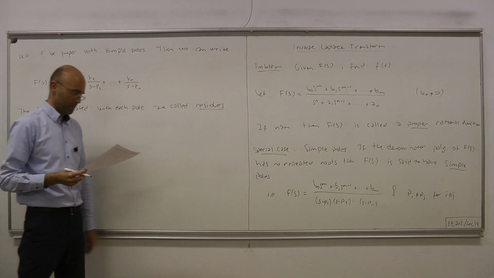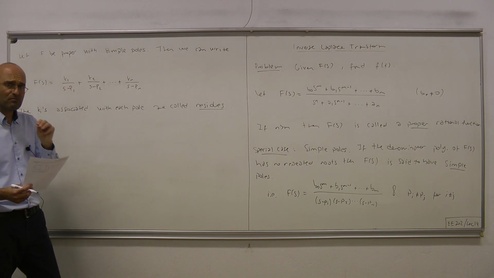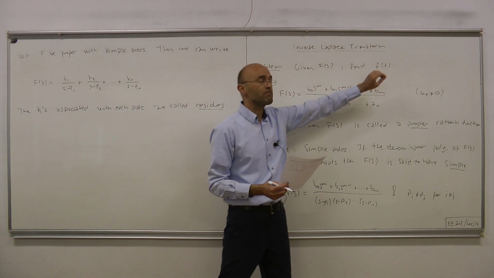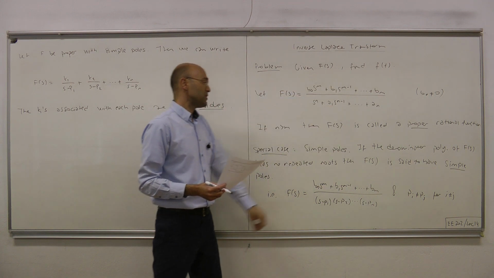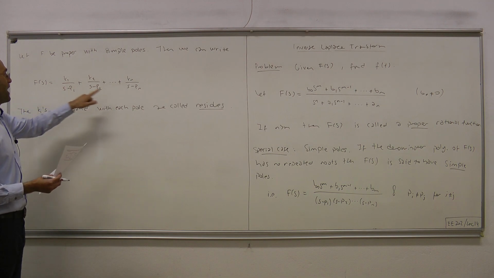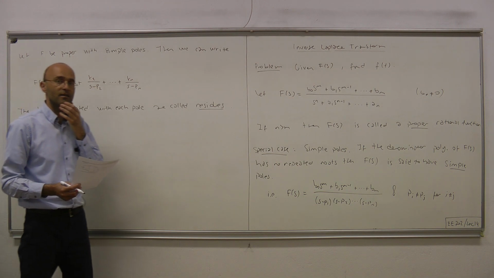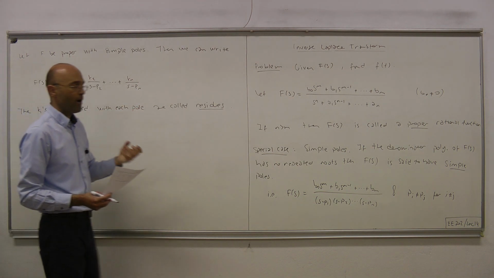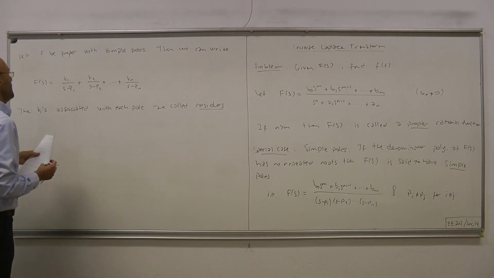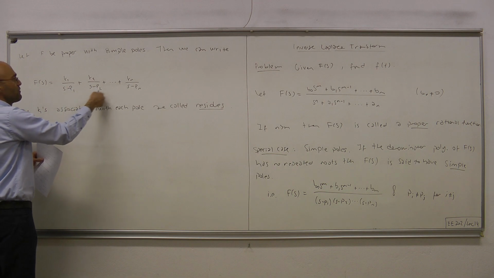Here's another definition. Now, how do we compute those residues? First of all, it's more or less clear why, if you want to obtain f(t) for a given F(s), we want to express F(s) as a sum of n first order terms. In other words, why we want to figure out k1, k2, up to kn. The reason is simple: if we can write F(s) in this form, we can easily obtain the inverse Laplace transforms of these first order terms.